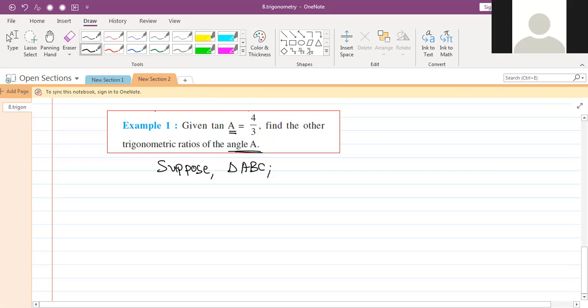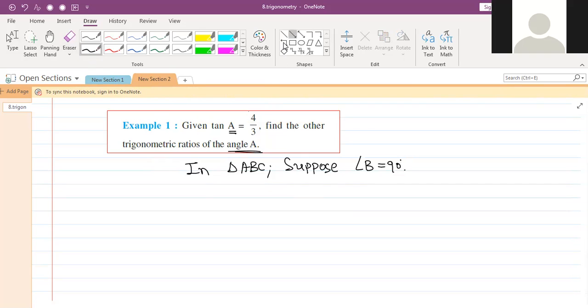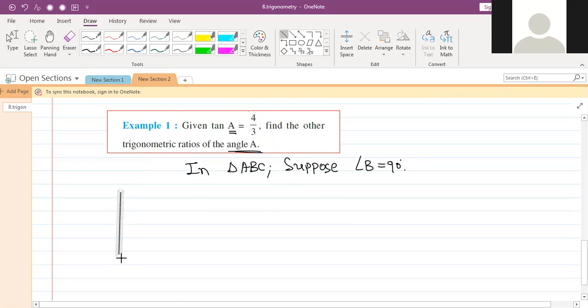So in triangle ABC, suppose we consider angle B as 90 degrees, meaning a right angle. I can draw a rough figure, because tan A is given as 4 by 3, so A cannot be taken as a right angle. Either we can use B or C as a right angle.